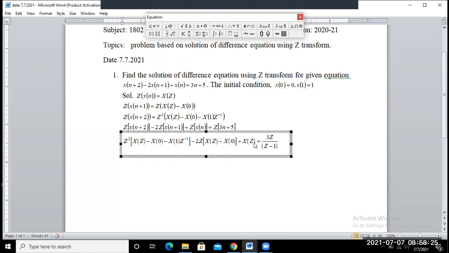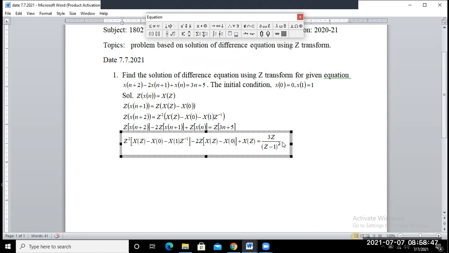Minus 1 whole square, plus 5 times the Z transform of 1. So the Z transform of 1 is z by z minus 1.